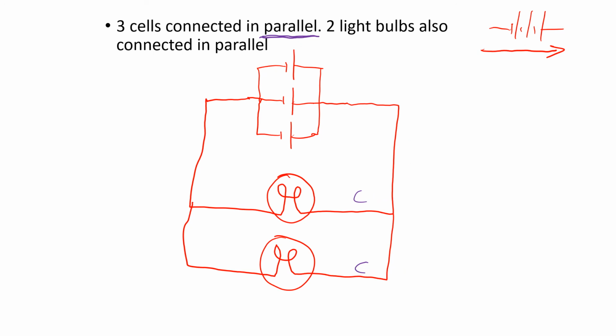Now, I didn't talk about this before, but when you're connecting cells in parallel, you must make sure that all the negative sides, so we'll do green, here are the negative sides. The negative sides must be connected to each other, okay? And the positive sides must be connected to each other as well.